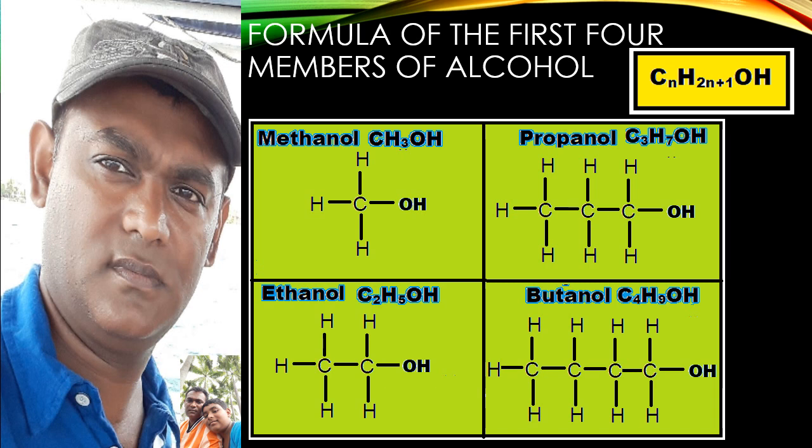The general formula of alcohol is CnH2n+1OH. From the general formula, the members of alcohol formula can be obtained. For example, the formula for methanol, when we substitute n by 1, turns out to be CH3OH.